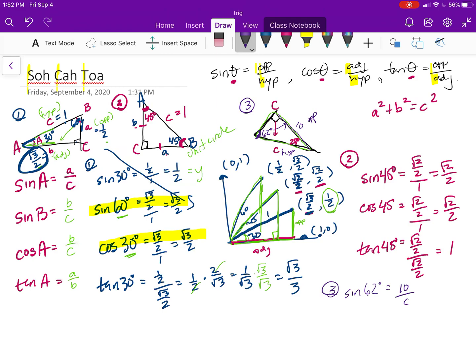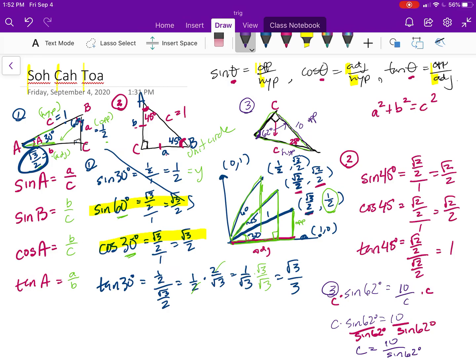If I want to solve for C, it's in the denominator, so I need to multiply both sides by C. So C times the sine of 62 degrees equals 10. But we're solving for C, so also divide by the sine of 62 degrees. From there, you would just plug it in your calculator.